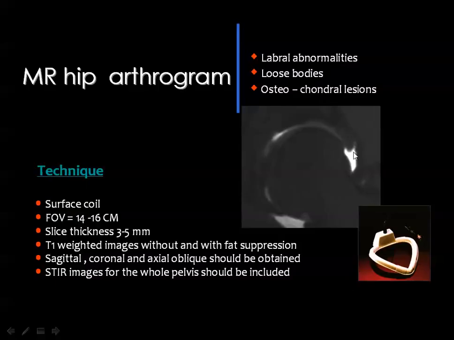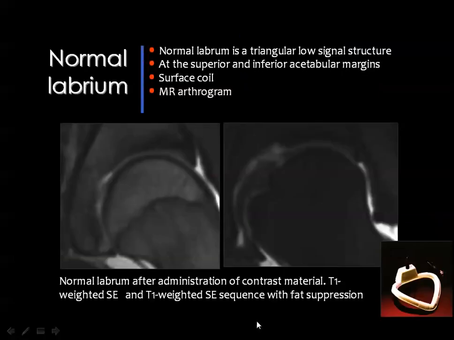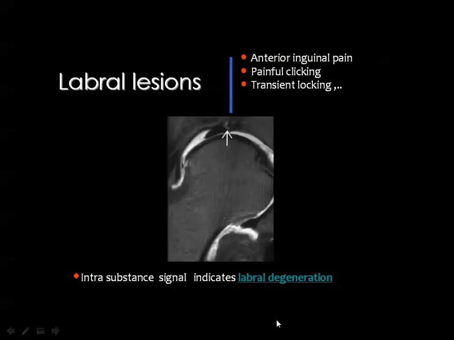You see the normal labrum as a triangular low signal intensity structure attached to the superior and the inferior margins of the acetabulum. And here you can see the normal acetabular labrum, which is triangular in shape and is of low signal intensity in all pulse sequences.